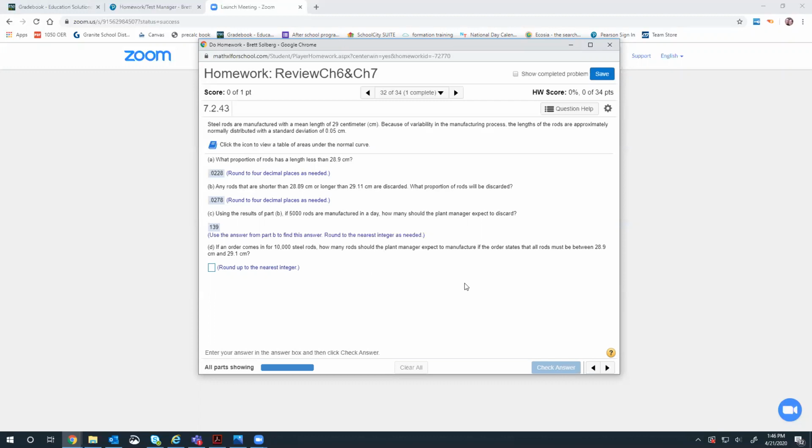Now this is a little tricky because it's not asking us what 95% of 10,000 is. It's saying if we want 10,000 good rods, how many do we need to make? Now I would set this up as an algebra equation, okay? Because basically I want to have 10,000.